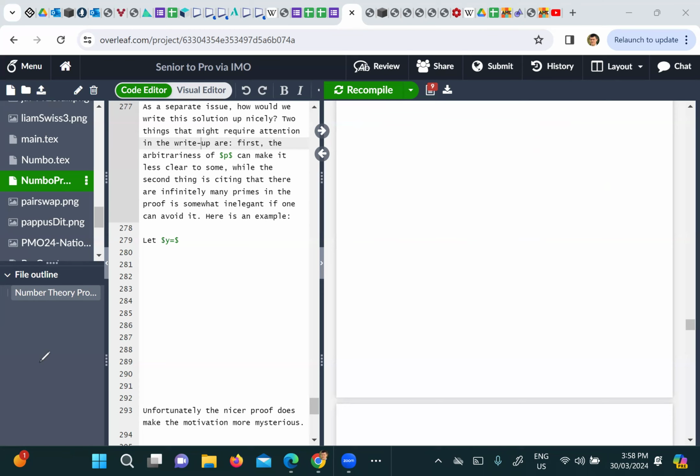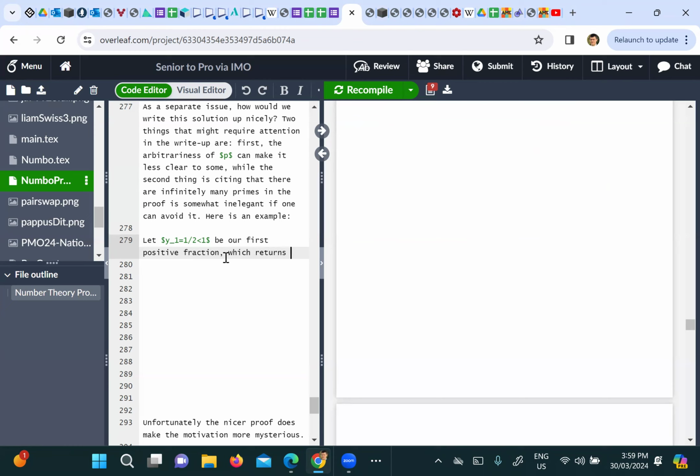Instead of having p, we have p equals 2, that's less than 1, our first positive fraction, which returns a numerator of n1.